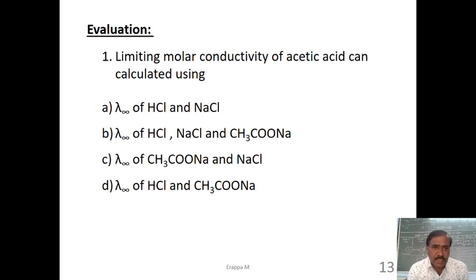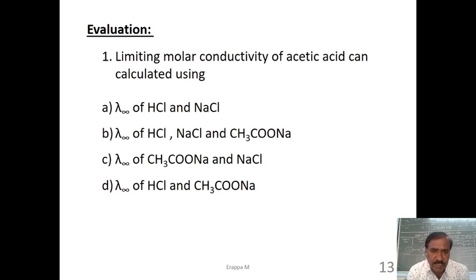First question: the limiting molar conductance of acetic acid can be calculated using, you have to imagine, three strong electrolytes. I have given four answers, A, B, C, D. Lambda infinity of HCl and NaCl, no, only two, it is not possible.